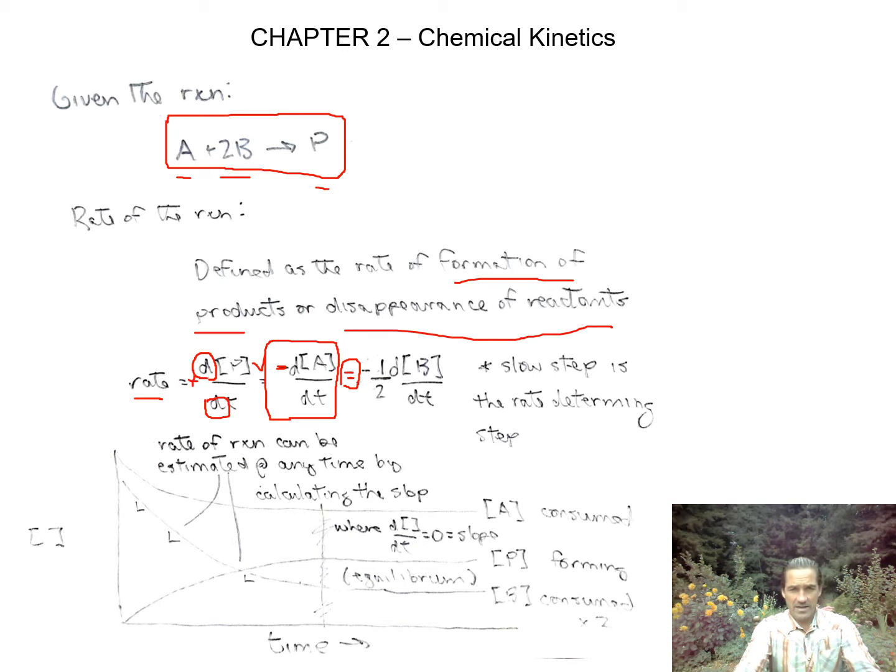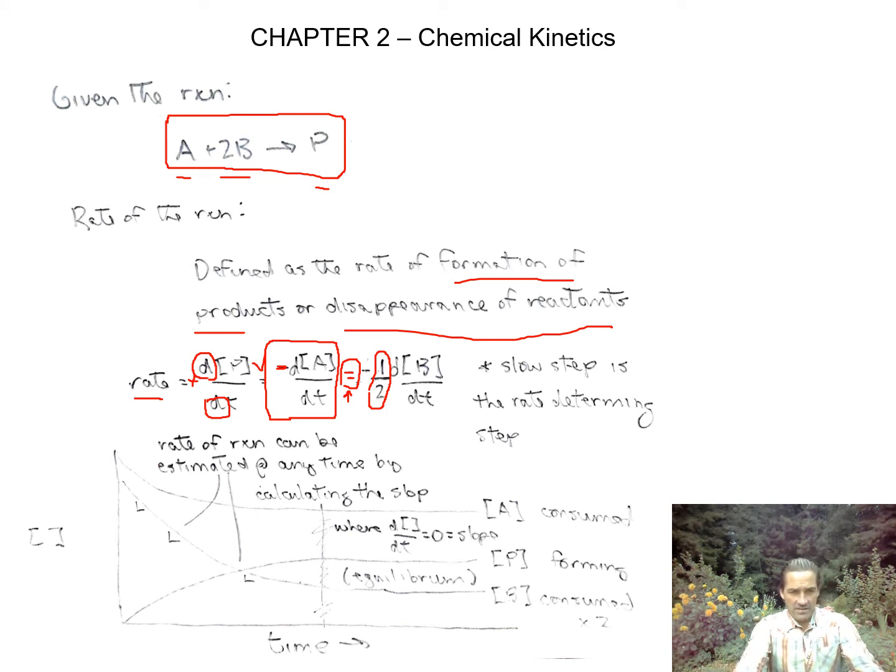So that means that B is disappearing twice as fast as A. So to make them equal, since B is disappearing twice as fast as A, I put a coefficient here of 1/2 to balance those two off.